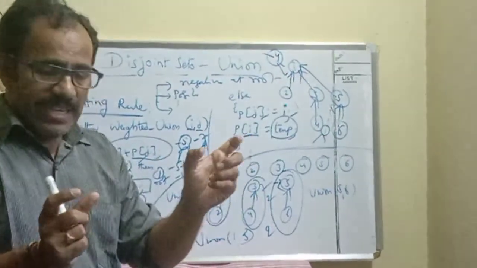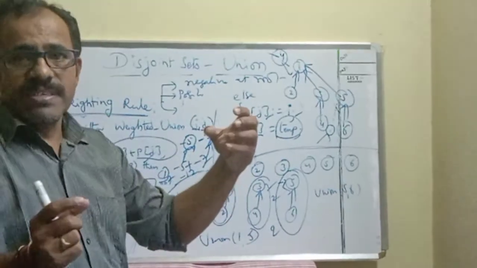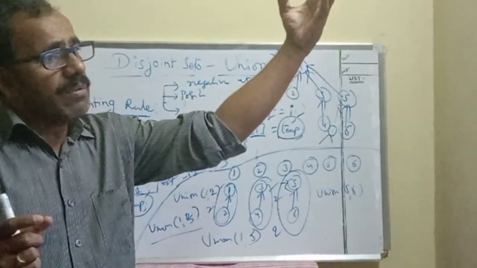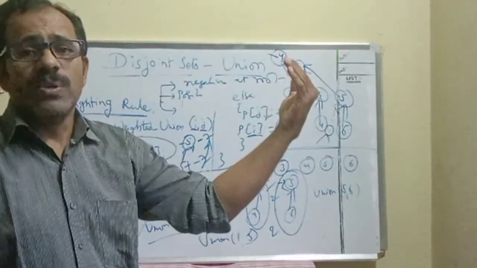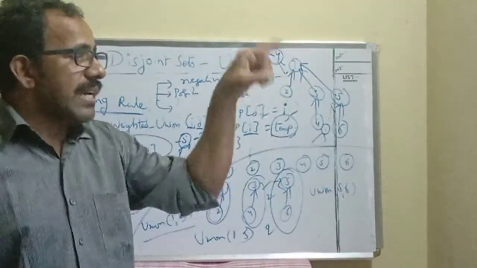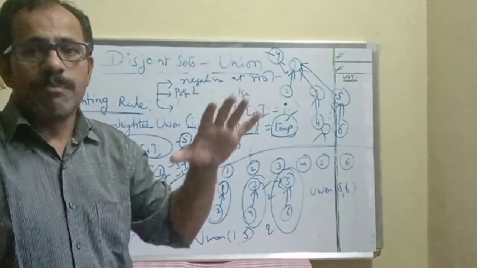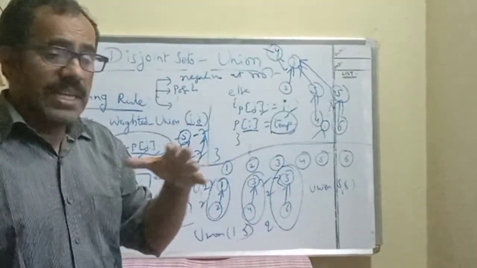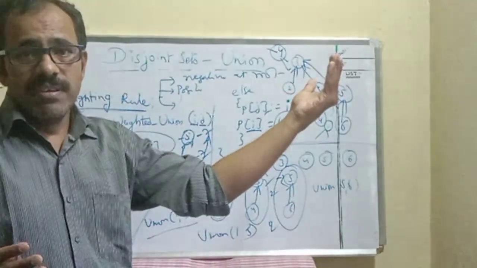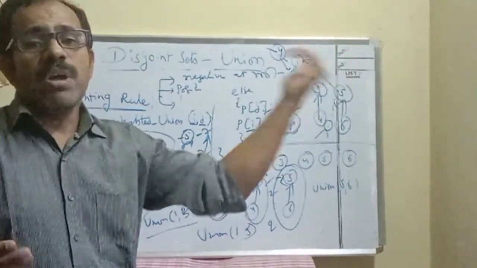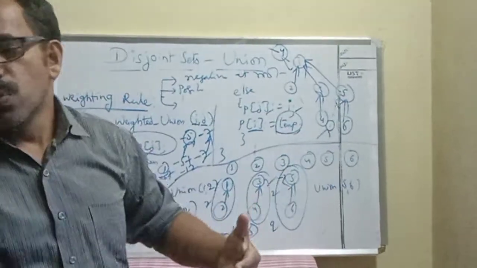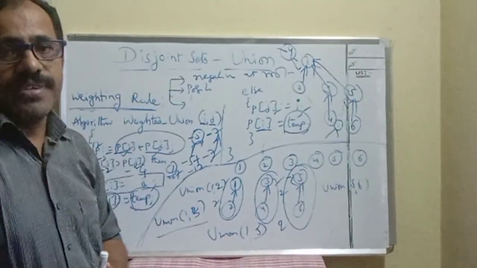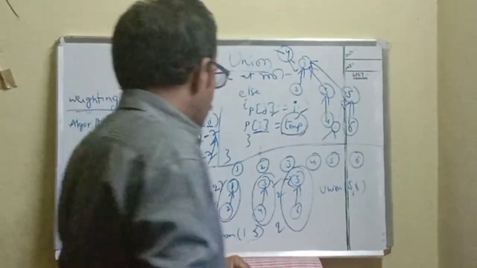Whichever is lesser, make that node the root node of the combined tree, because lesser means a greater negative number, and that number represents the number of nodes. Though relationship-wise this is lesser, the highest number of nodes are in this tree, so immediately make this tree's root node the parent of the other tree. Okay, so like this we can combine 2 trees.